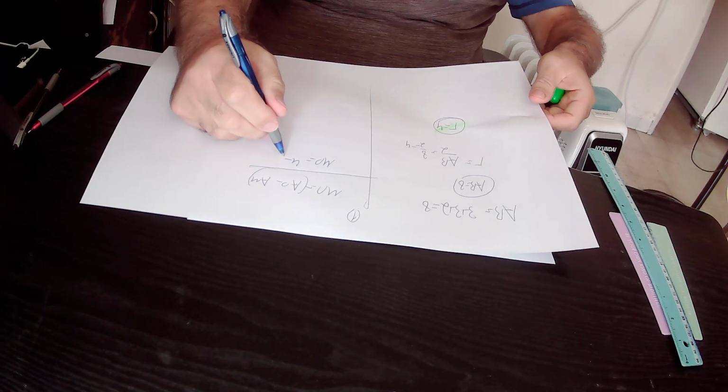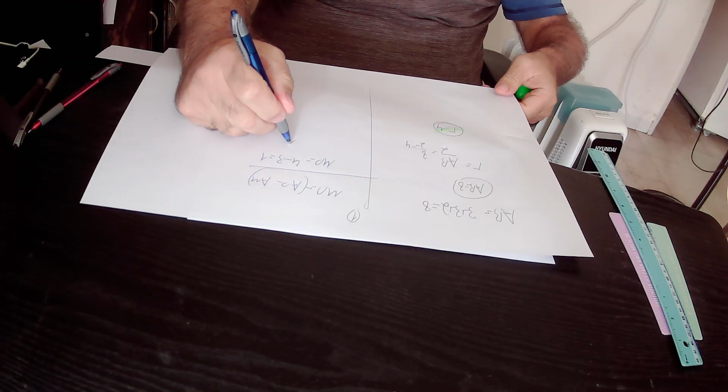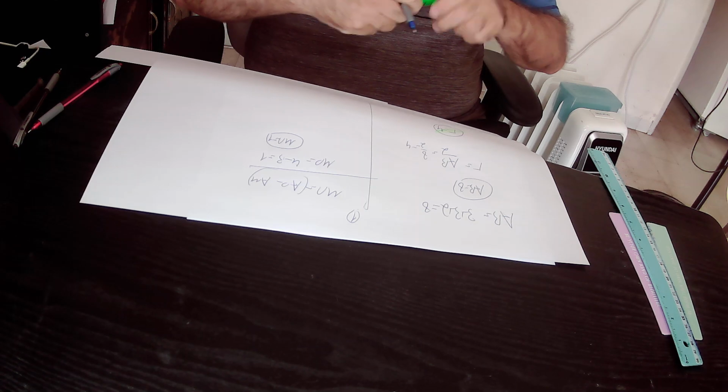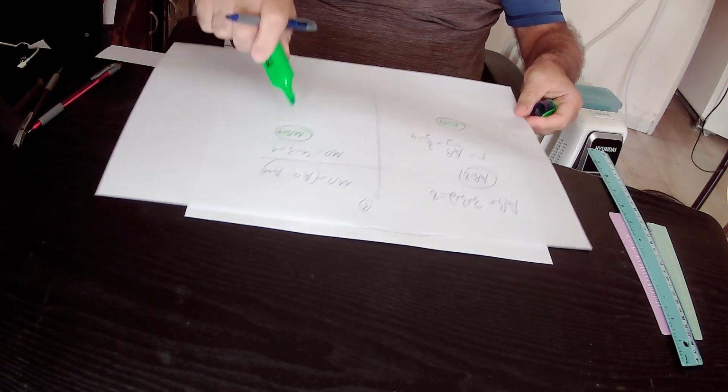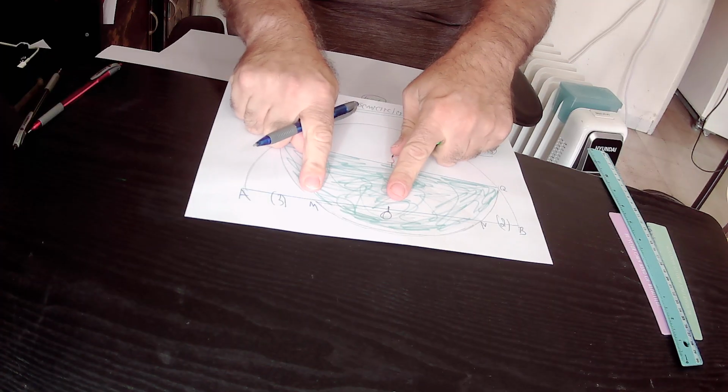So in total, MO equals 4 minus 3, that is 1. MO equals 1 unit in its length. This is line segment MO, equal to 1 unit in its length.